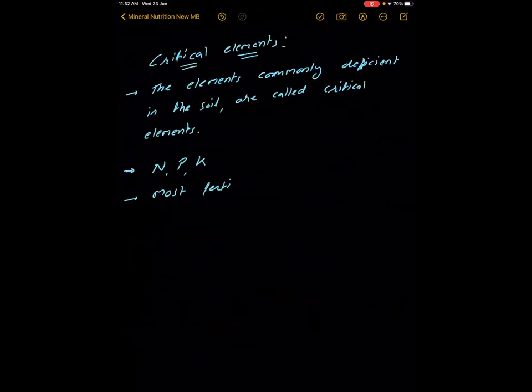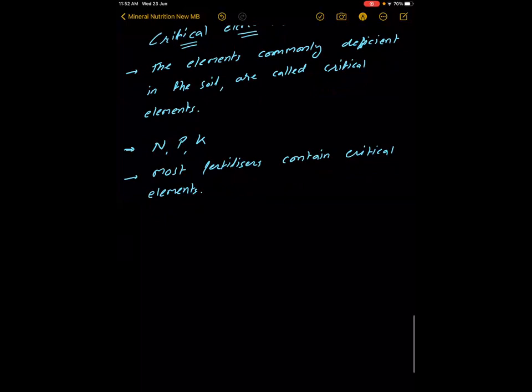So NPK, most of the fertilizers contain these elements. These are critical elements.